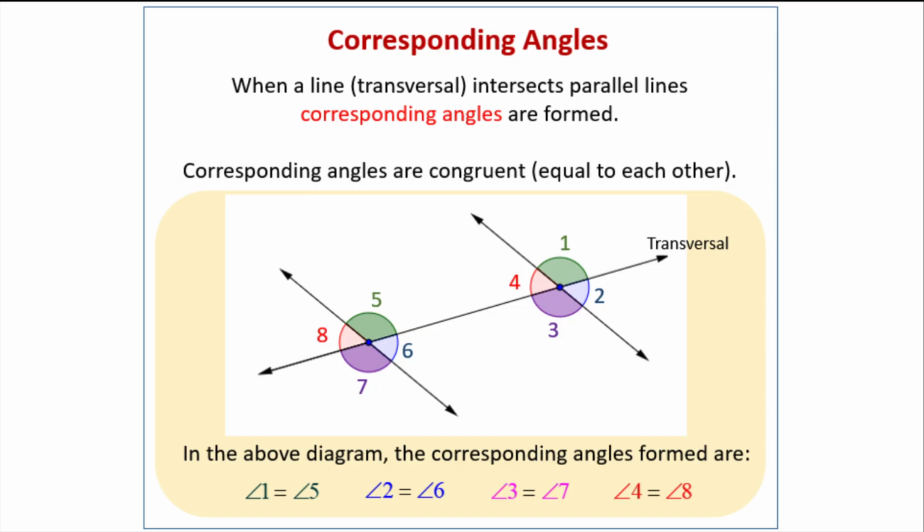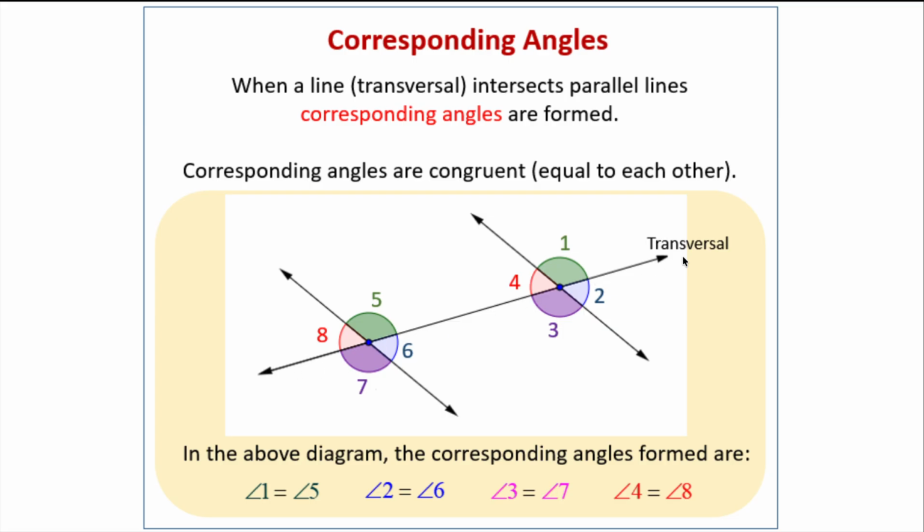Whenever a transversal intersects parallel lines, it forms corresponding angles. Corresponding angles are always congruent. That means equal to each other. So it's kind of like symmetry, a parallel image. So here we have parallel lines 1 and 2, and the transversal is going diagonally across both of them, and it's a mirror image.